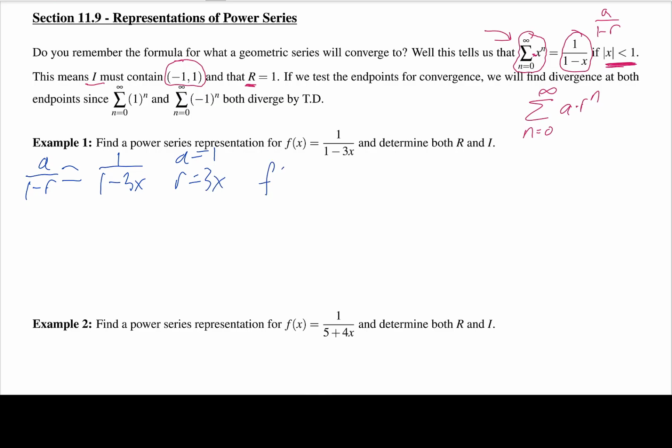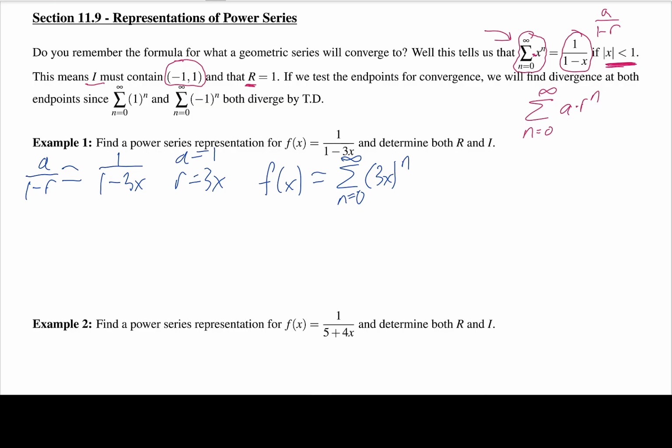So we can say that f of x is equal to the sum from n equals 0 to infinity of a times r to the n. So this would be 1 times 3x to the n.